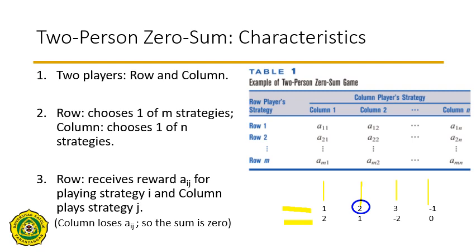And this value here, 2 in the circle, means that if the row player plays the first strategy, and the column player plays the second strategy, the row player will receive a reward of 2 units, for example, like $2. And at the same time, under the same conditions, the column player will lose $2. So the sum is 0 because the row player receives $2 and the column player loses $2.